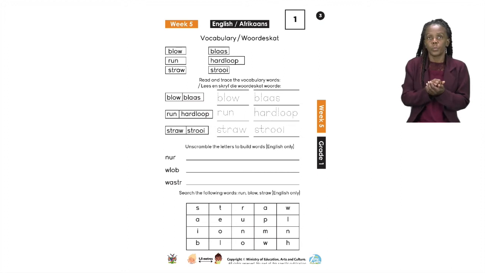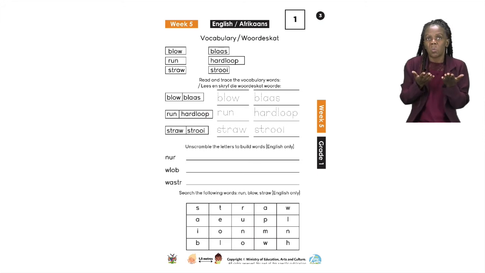The three words that you can see, blow, run and straw, are very important for our week this week. We are going to discuss what each of them mean. Blow is an action, like the wind blowing, or when you blow out your candles.